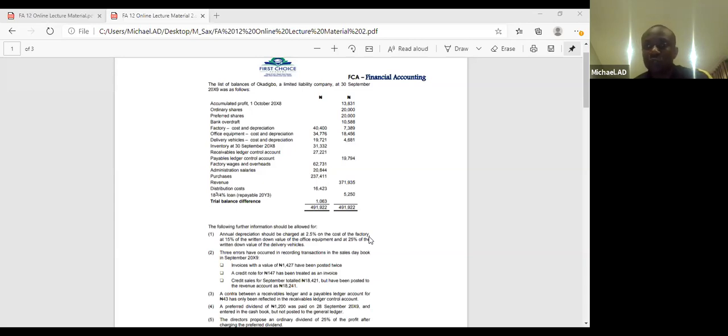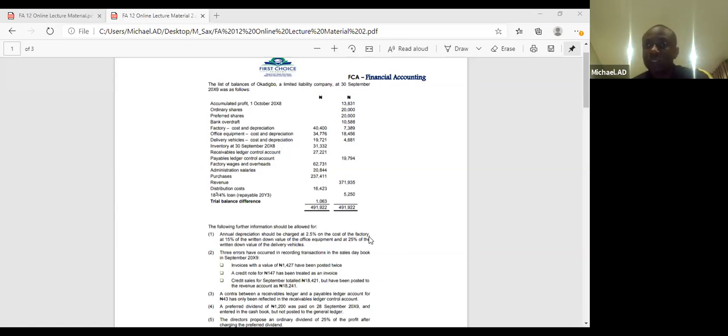If you also look at it, you have a receivables ledger control account and payables ledger control account in your books, which means there are issues with the receivables ledger and payables ledger.